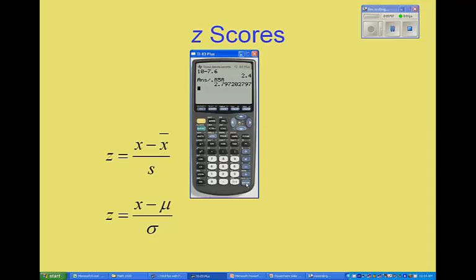By the way, the second formula, don't have this drive you crazy. These are Greek letters, and they're used if you're talking about a whole population. Can you guys even read this? This is x minus, does anyone know that Greek letter? It's called mu. Mu for mean, okay?